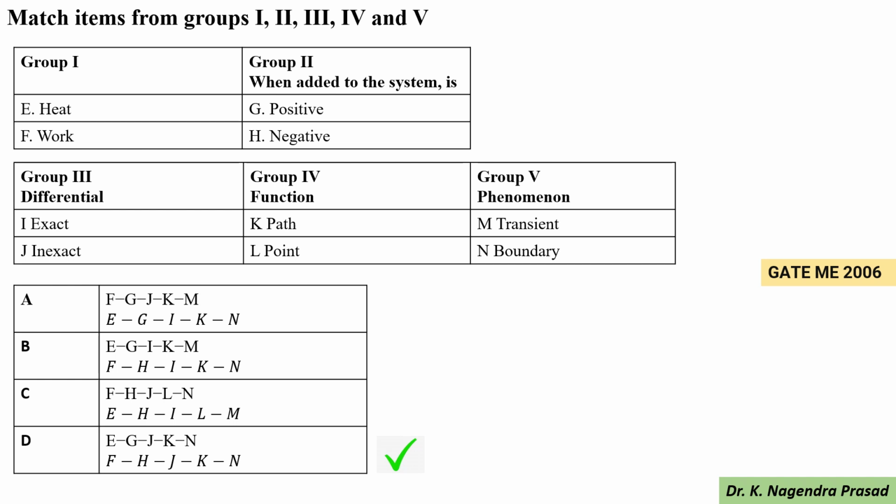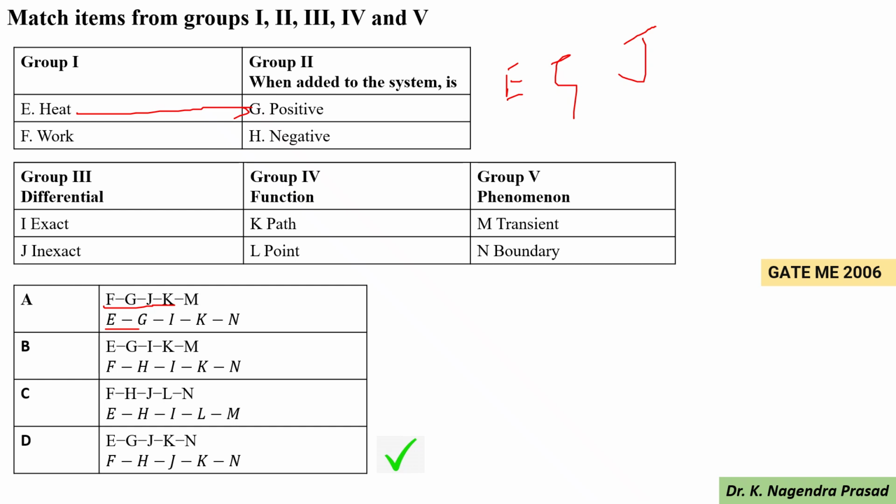So then I have to match the following. Let's see first here. In the options I have to observe, one is given from the heat point of view, another from the work point of view. Let's see the match. When heat is added to the system, it is positive, so E and G. These are all inexact differentials, so it is J. So EJ: heat as well as work, both are inexact differentials.